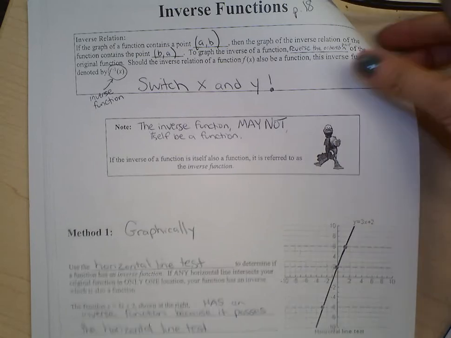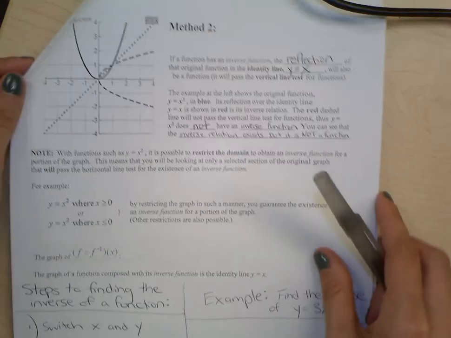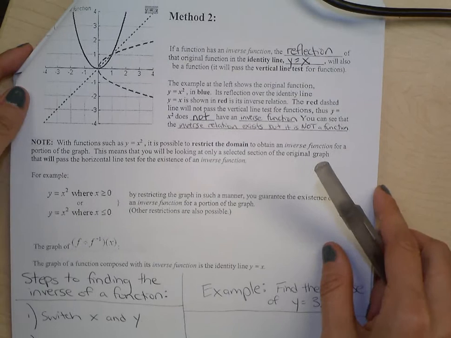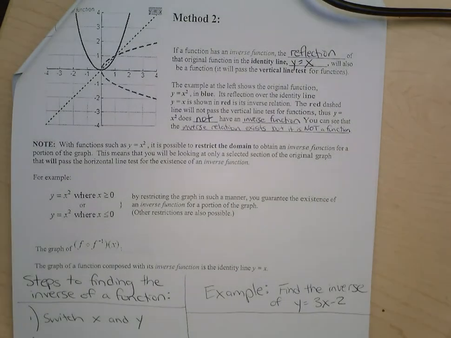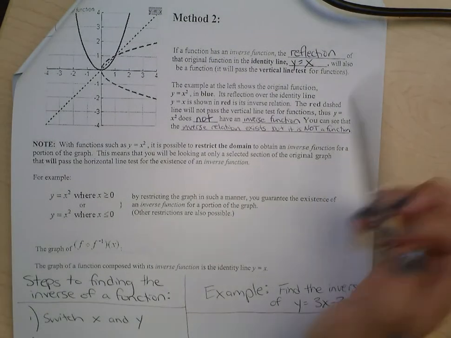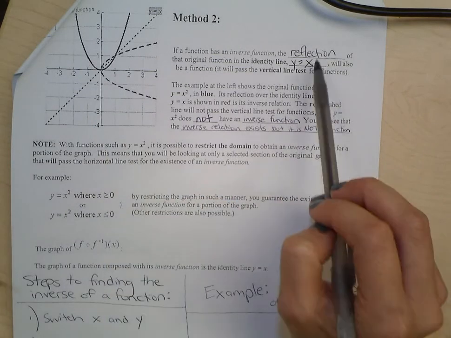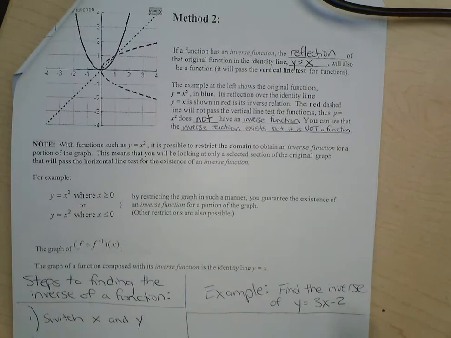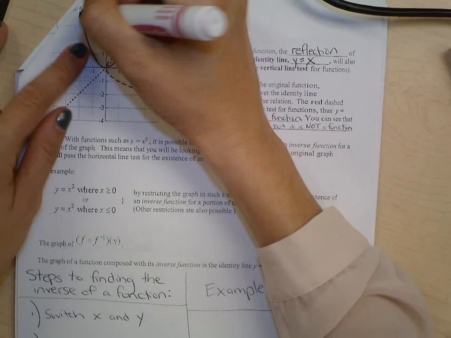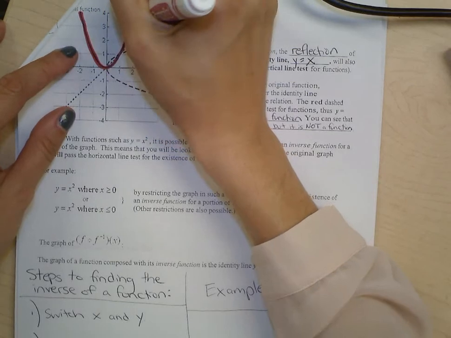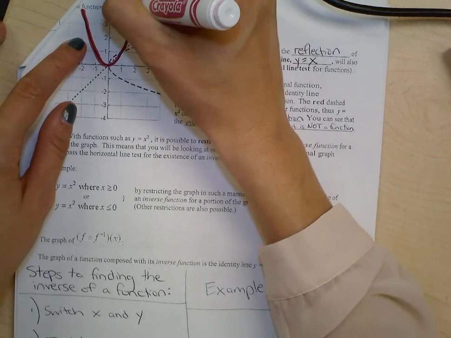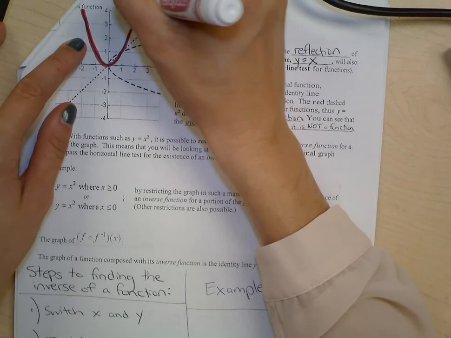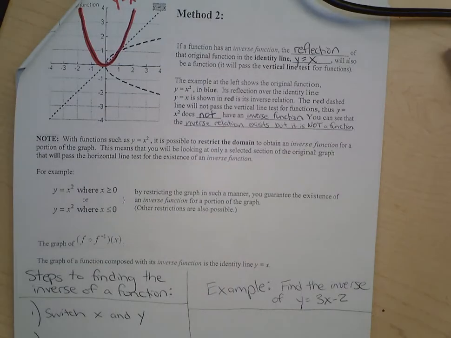Okay, let's flip the page over. Another way that we can talk about if a function has an inverse function is if the function is reflected about the y = x line. So I have this function here, y = x².